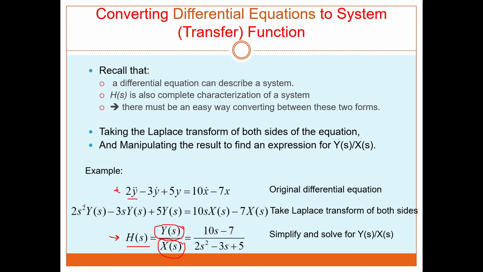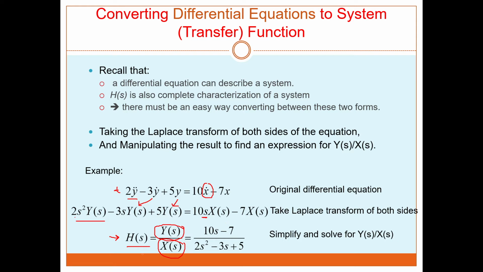So s squared Y(s) multiplied by the constant 2, minus 3sY(s), the second one, and then 5y becomes 5Y(s). For the input part, 10 first derivative becomes 10sX(s) minus 7X(s). So this is the Laplace transform.